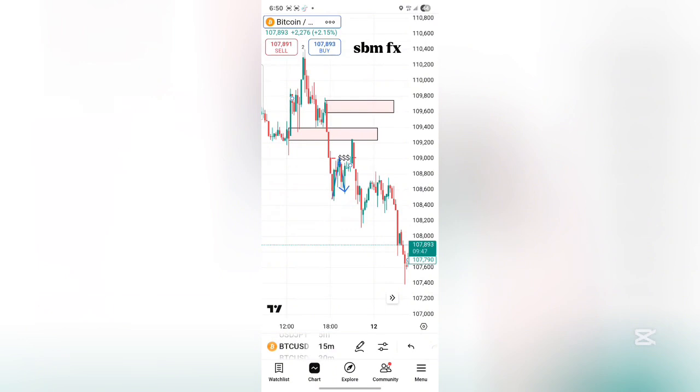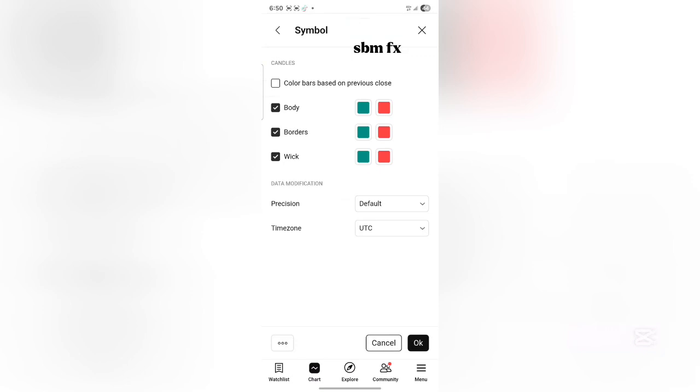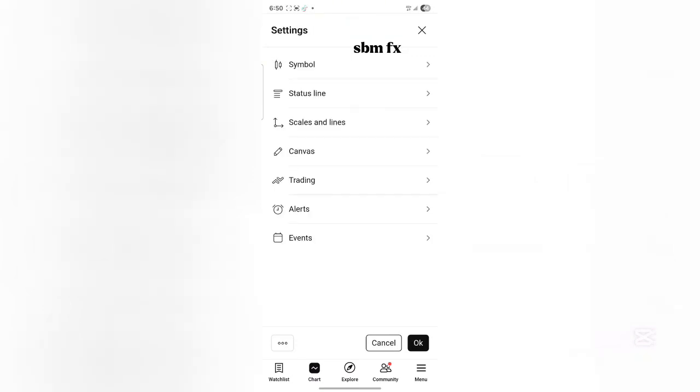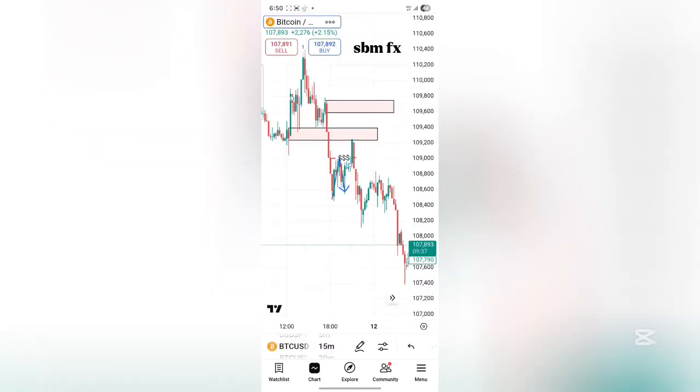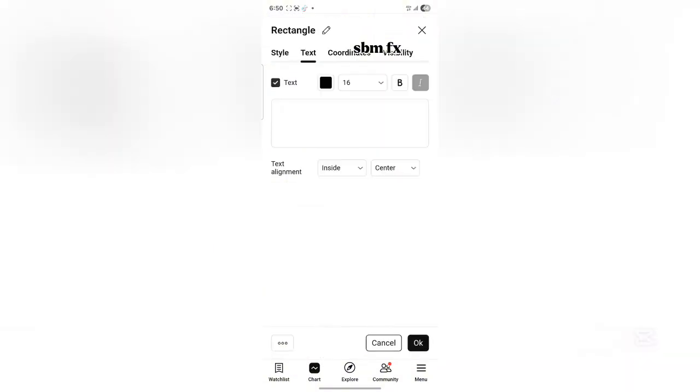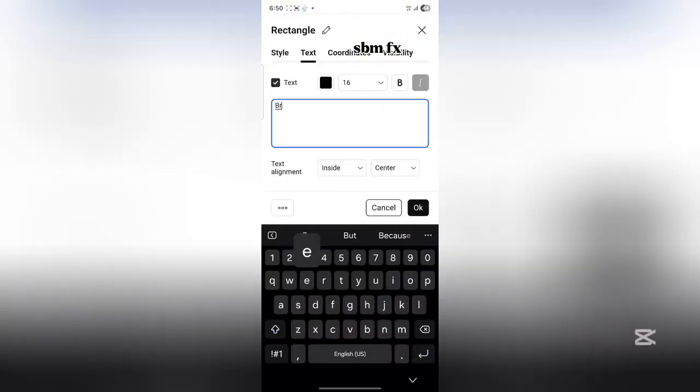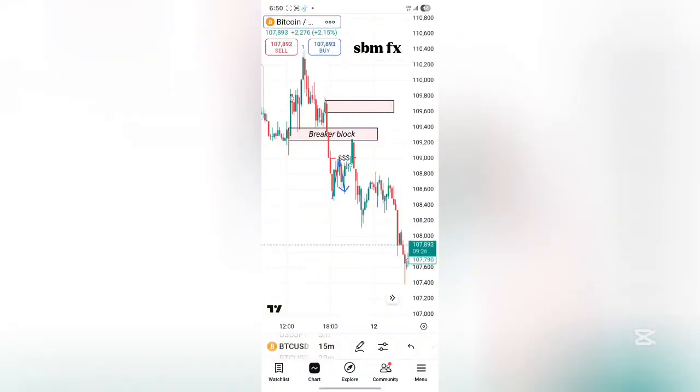So that is our liquidity, and this is a breaker block. The dollar signs there are our liquidity.